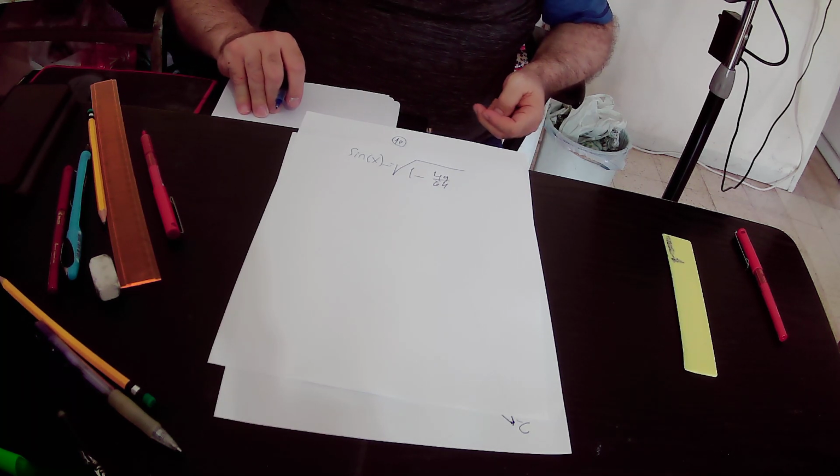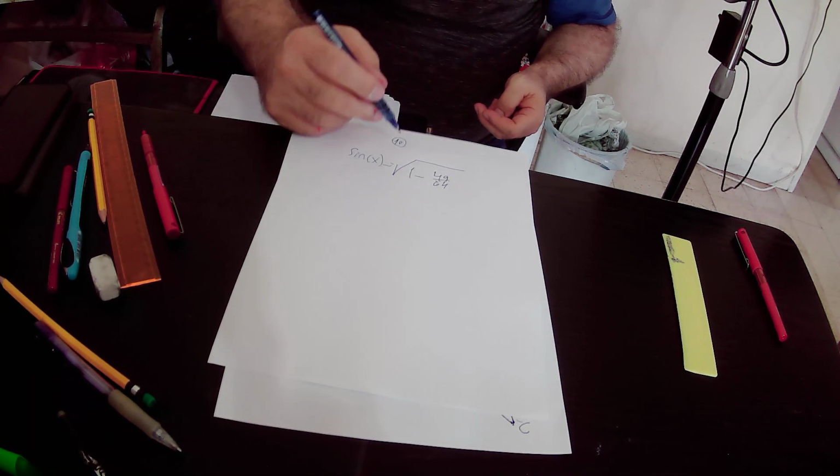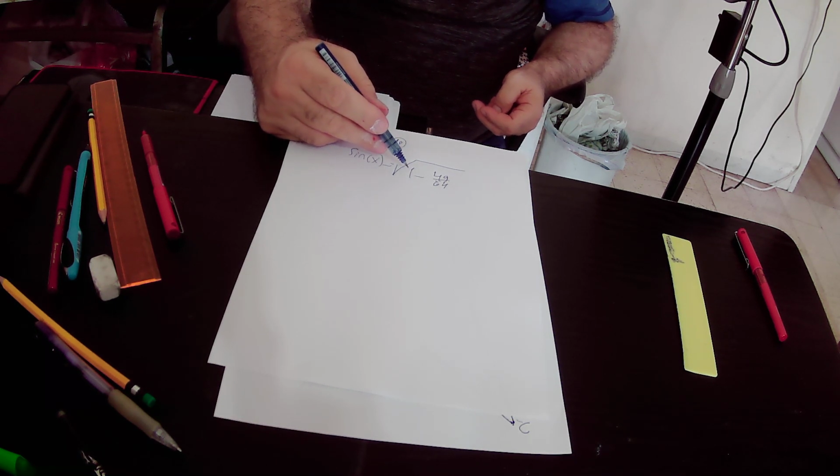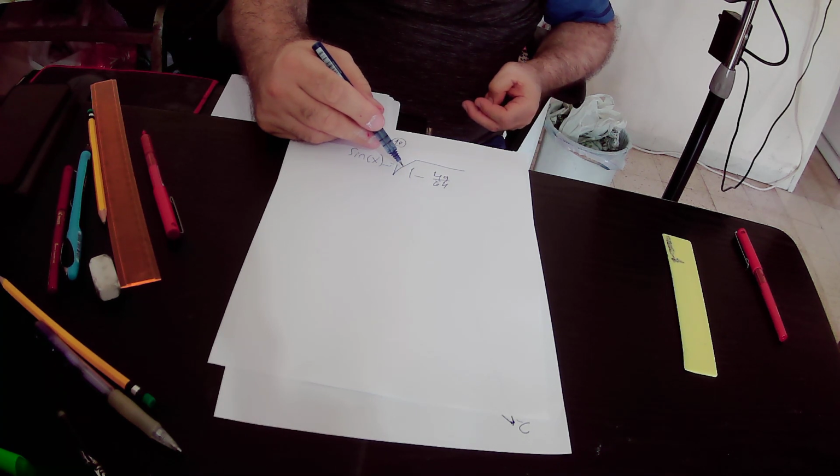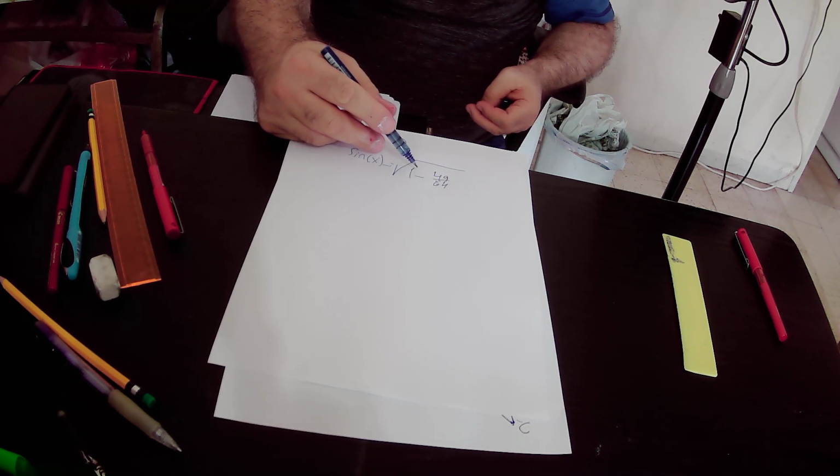Here we will write that 1 equals 64 over 64 in order to have a common factor of 64 in this expression.